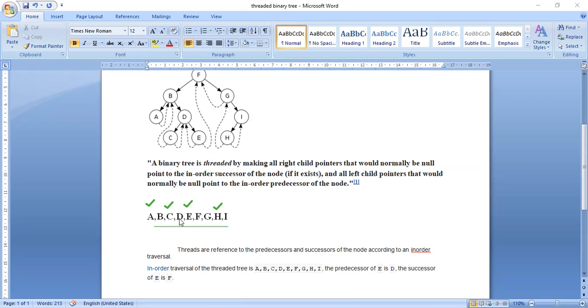B is the predecessor. Who is the successor? D is the successor.